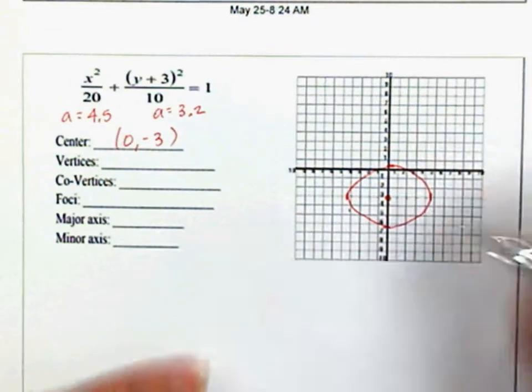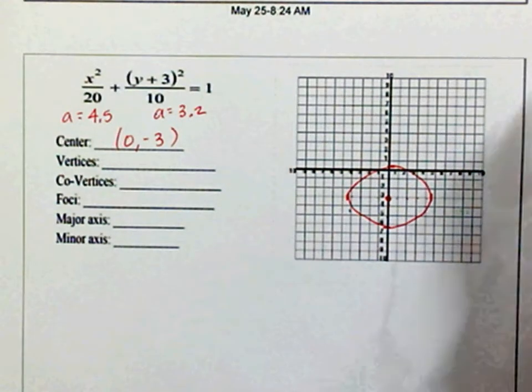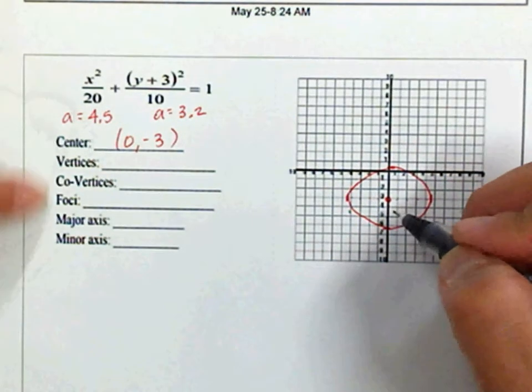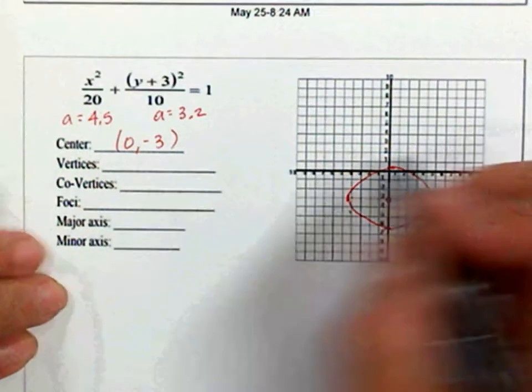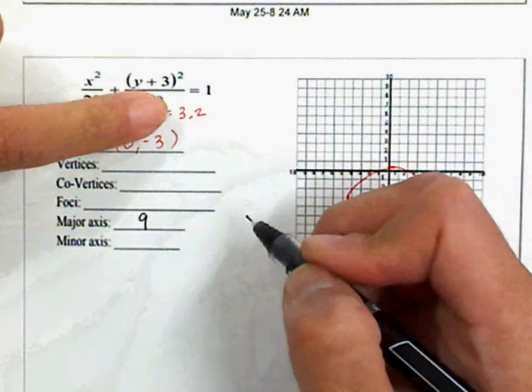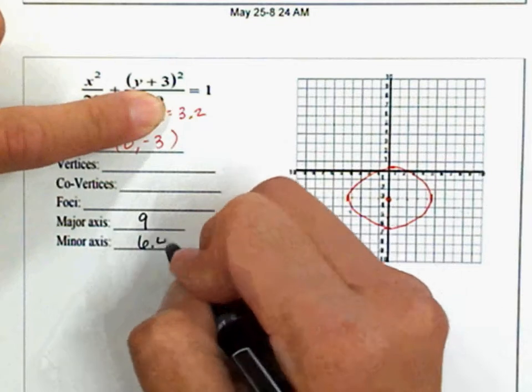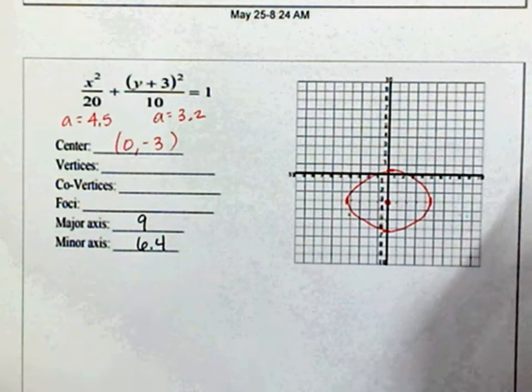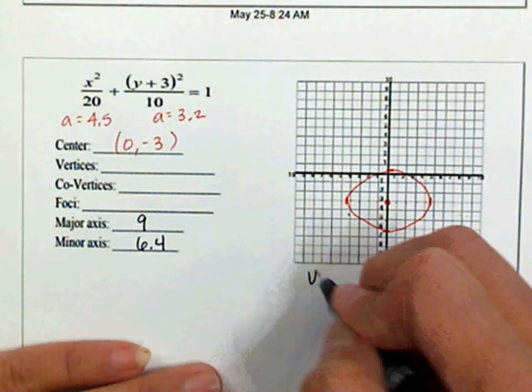All right, let's find our vertices. You can do it either way you want to. Let's find your major axis first. 4.5 plus 4.5 is 9. 3.2 plus 3.2 is 6.4. Next part, your vertices. Longest is your x.